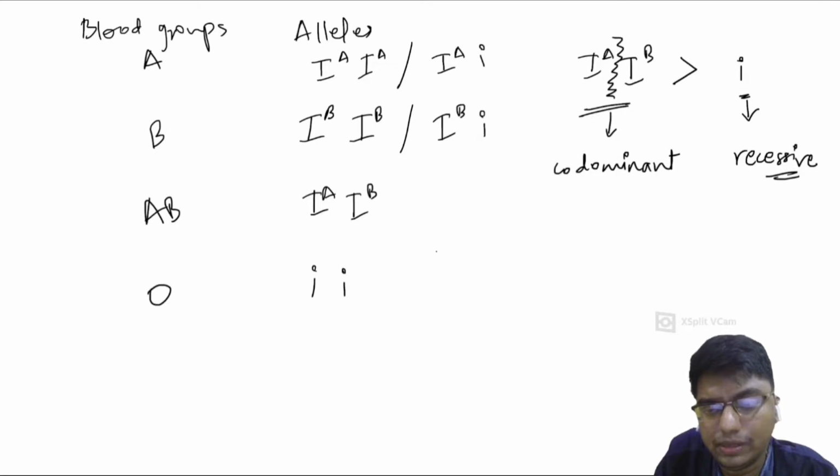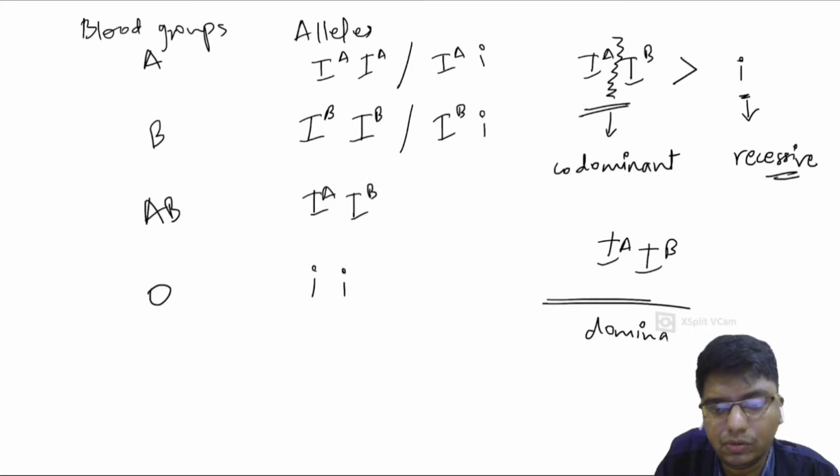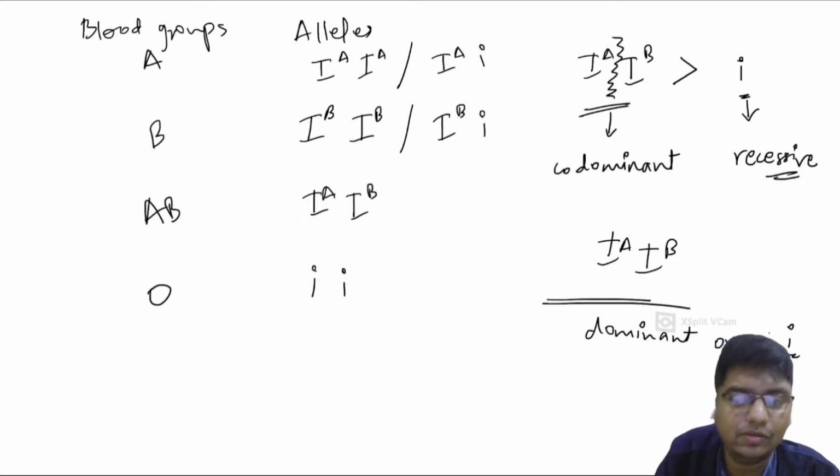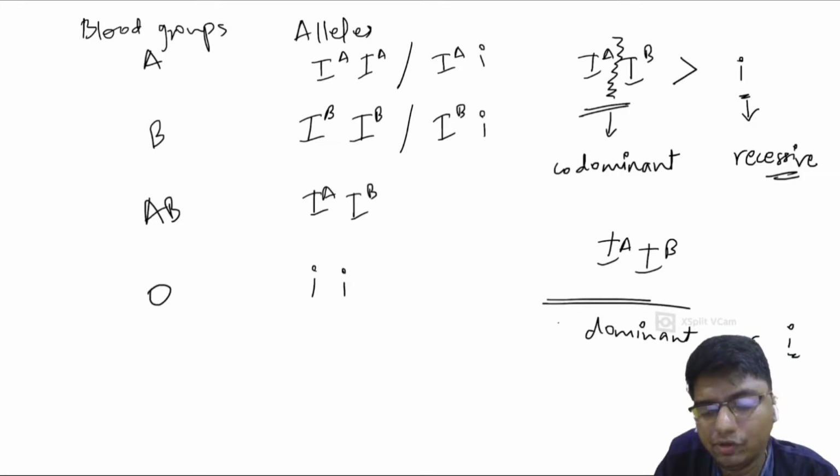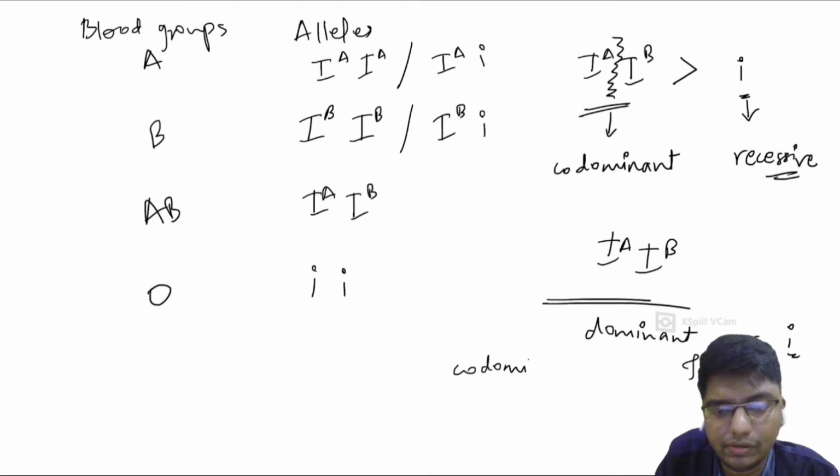Talking as a whole, IA and IB are both dominant over small i, and codominant for each other. This is a very important point.